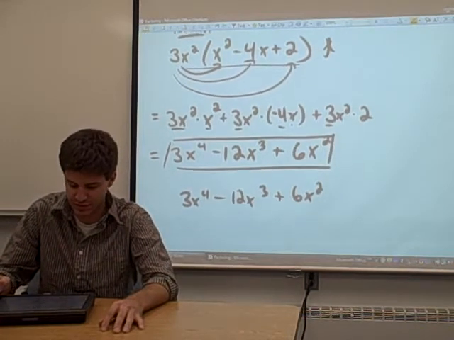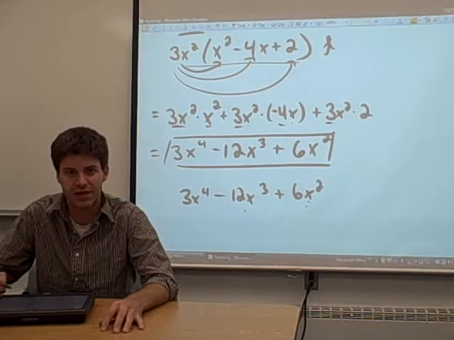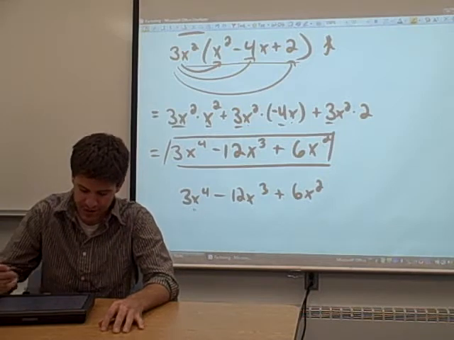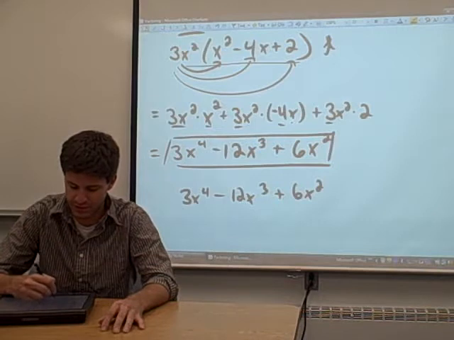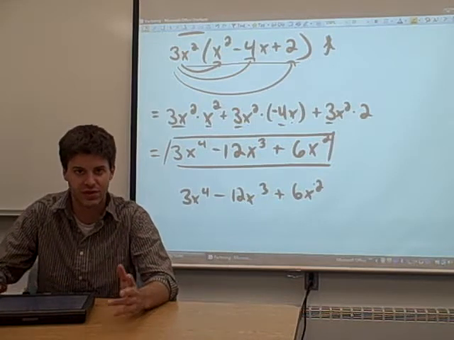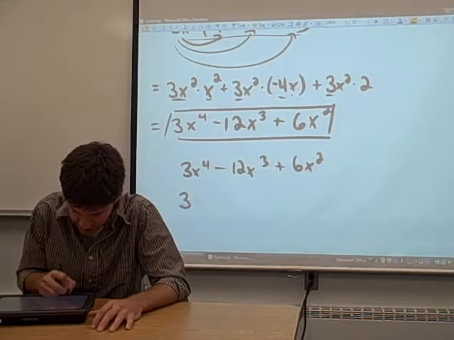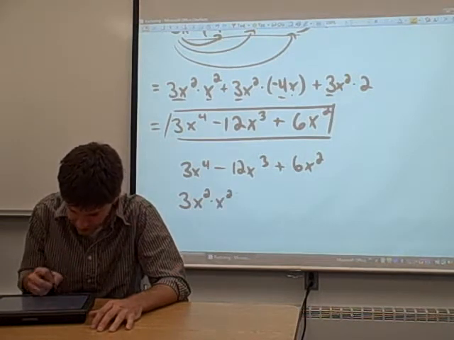The way that we start doing this is we notice that each one of these three terms has similarities. For example, I could pull out, as they say, an x squared from each one of these terms. I'll do it and you'll see what I mean. We could change this 3x to the fourth into a 3x squared times x squared.